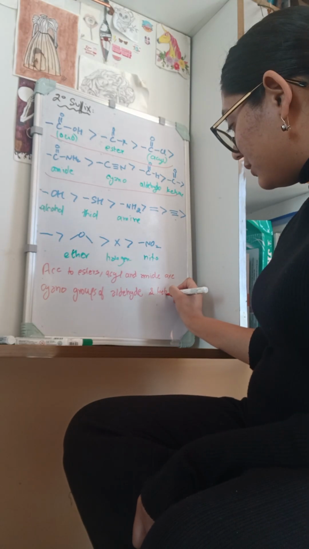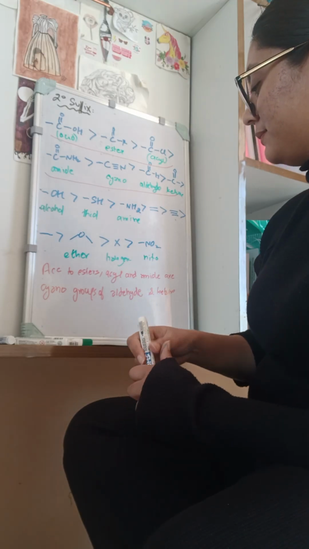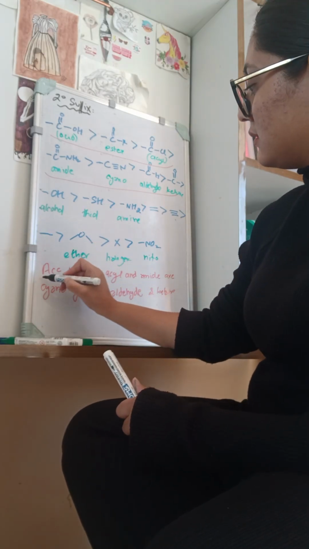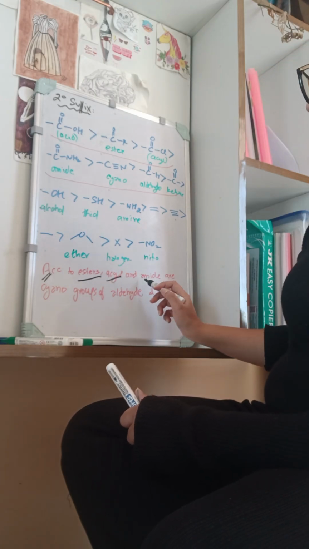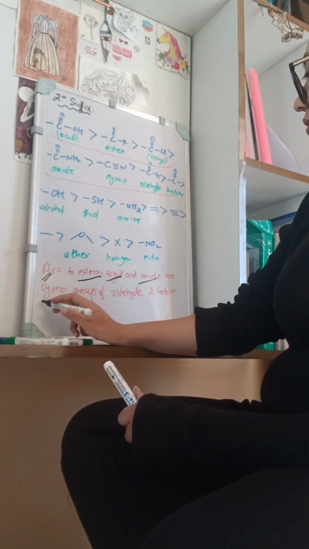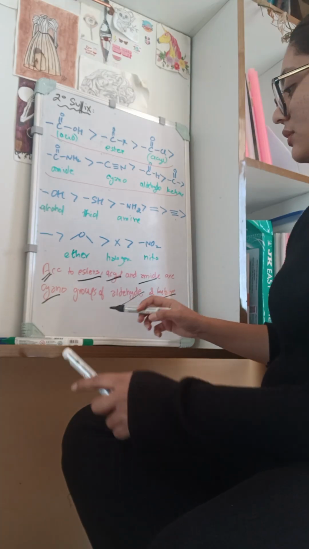Now this is not a true statement, but it's a way of remembering. A means acid, then we have ester, then acyl, amide, cyano, aldehyde, ketone.